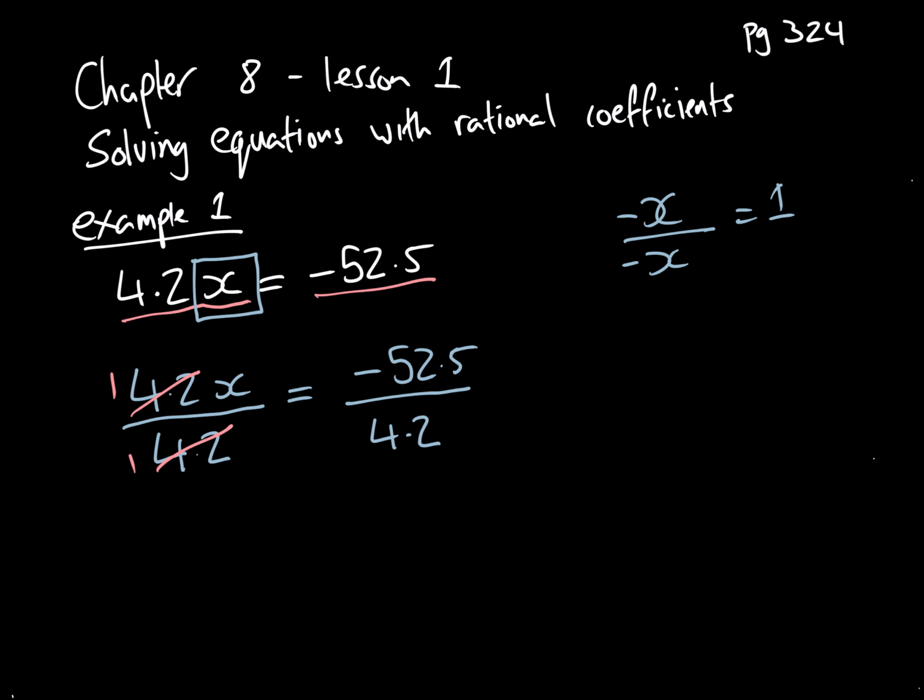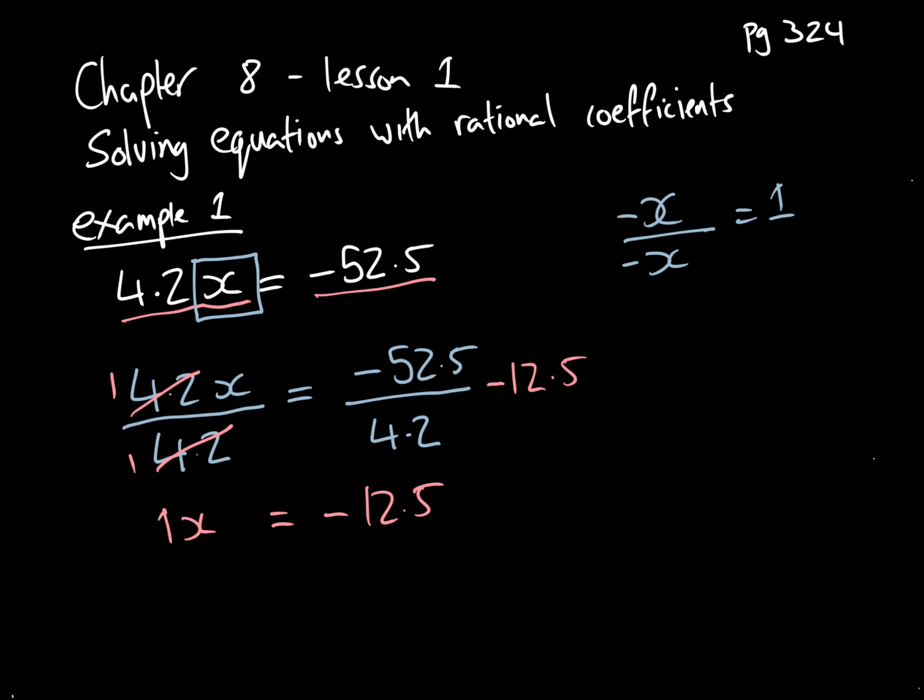And here we have 52.5 divided by 4.2, and this is 12.5. But because it's minus 52.5, you have minus 12.5. So on this side now we have 1x is equal to minus 12.5.